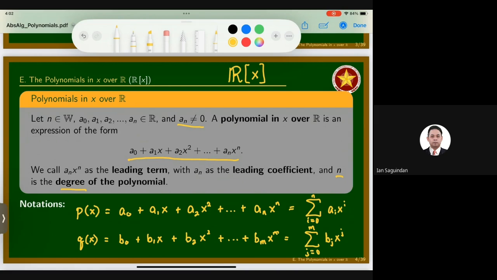For all polynomials that you know, we are going to put them in this set, and that would be the set of all polynomials in x over the set of all real numbers. Now, if you replace the variable of the polynomial, let's say you have the set of polynomials in terms of p, then you can have R of p.